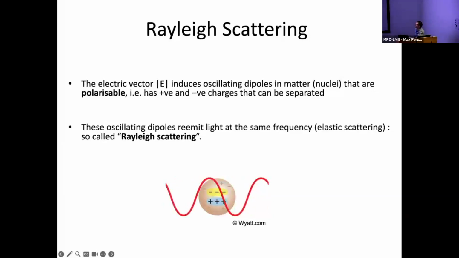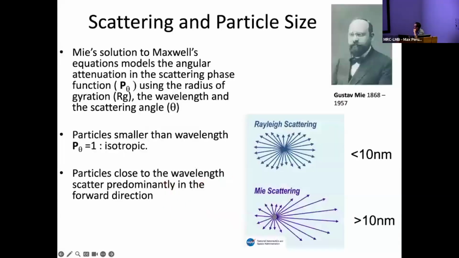There's another type of scattering we need to be aware of, and that was worked out by Gustav Mie, and that's called Mie scattering. Mie solutions to Maxwell's equations model this attenuation. Key things are the radius of gyration, the wavelength and the scattering angle.